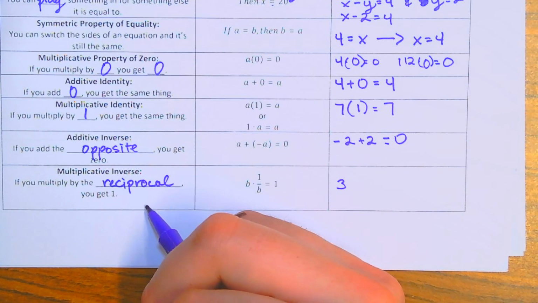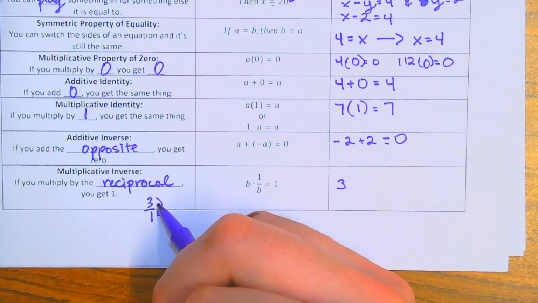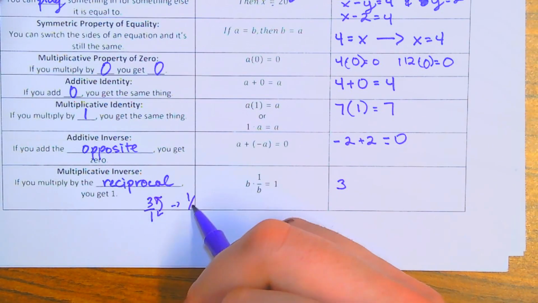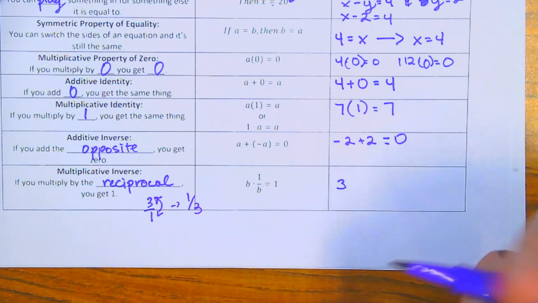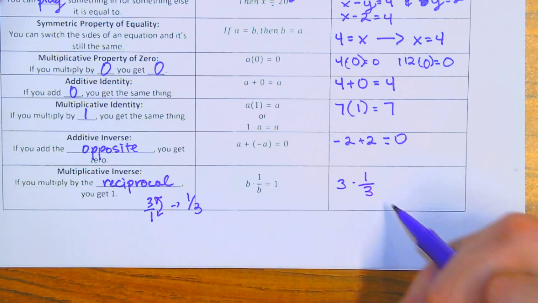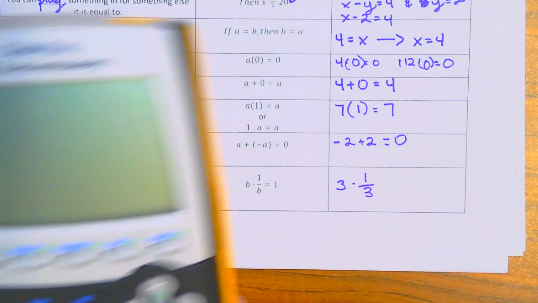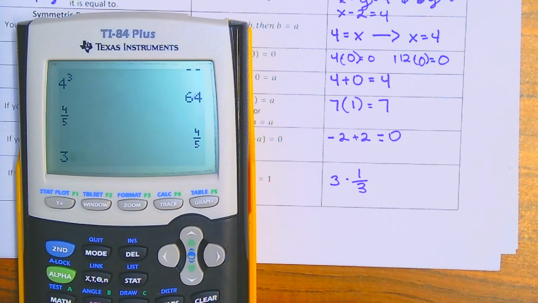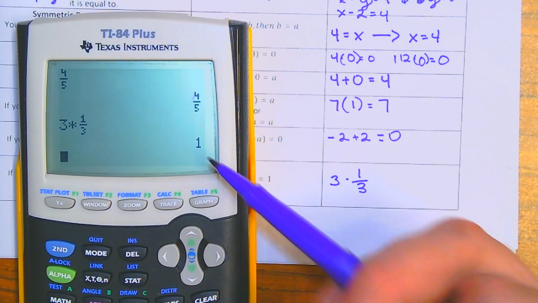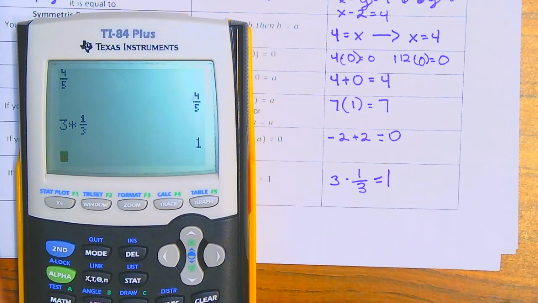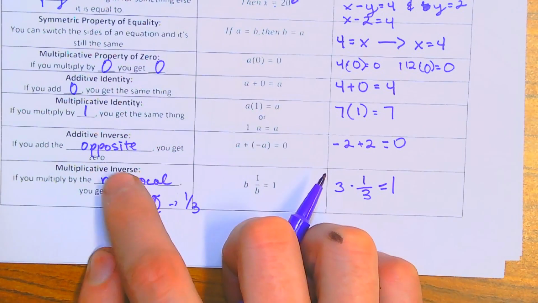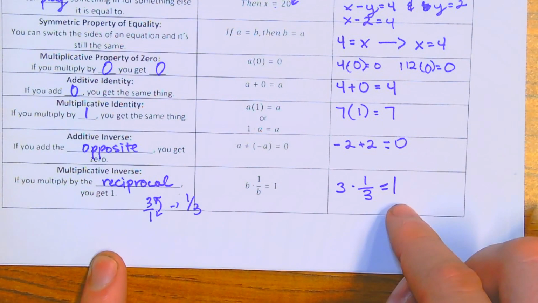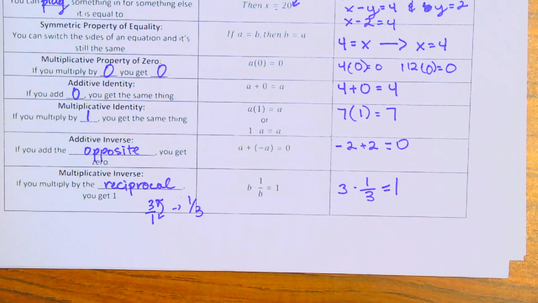So if I have 3 over 1, then a flipped version of that is going to be 1 over 3. So here, I want to flip this fraction and multiply it by its reciprocal, or its flipped version, right? And if I do that, you guys can see 3 times 1 over 3 equals 1, right? So, if we multiply by the inverse, or the reciprocal, we're always going to get 1, okay?